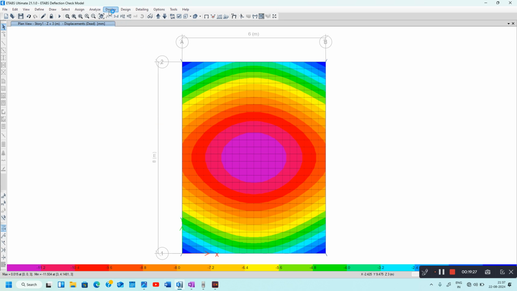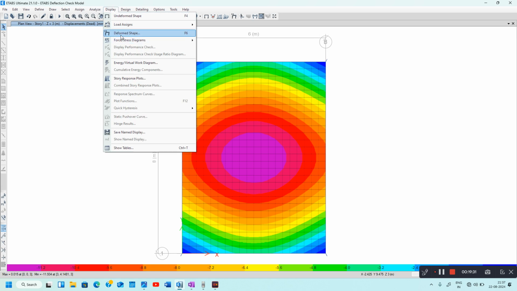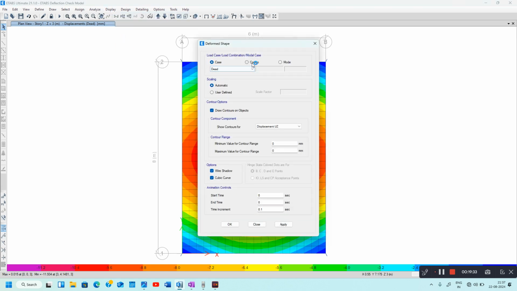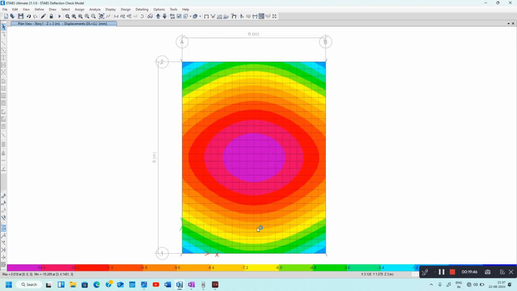So now let me check the deflection. Go to display, deformed shape. In combination, you select dead load plus live load. Show contours, it should be used. Apply, close. So now the deflection, it is showing 15.289.